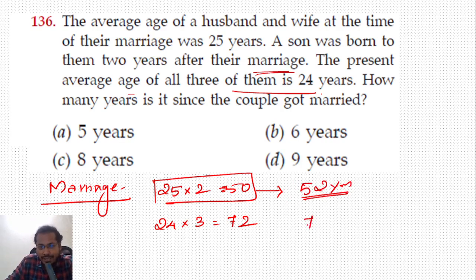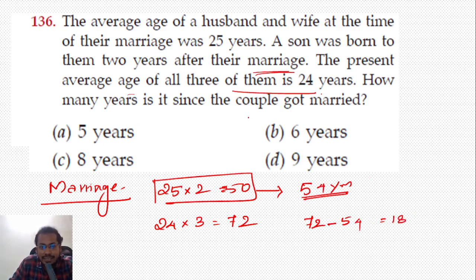Okay, so 72 minus 52. What is that? 52, 62, 72. 20 years will come? Okay. 20, 50, there are 2 people. It will be 54, sorry. 54, so it will be 18. So 18 years, the son has been born for 18 years.